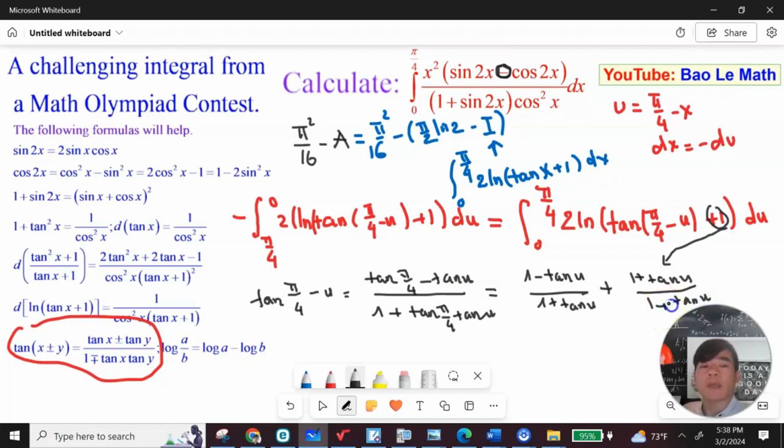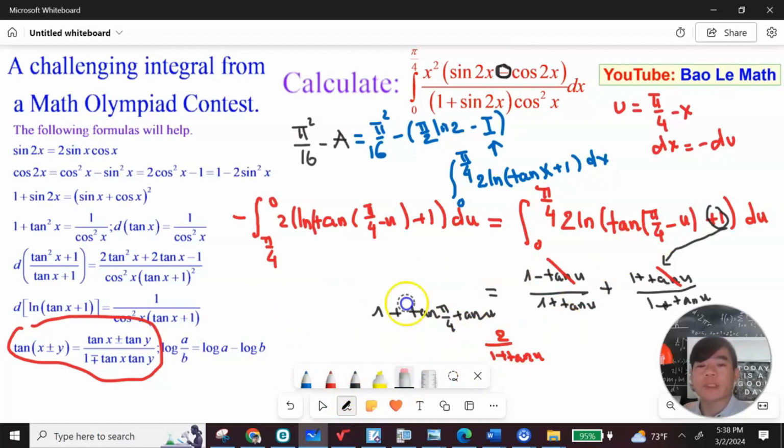Now they have the same denominator, so I just add the top. Negative tangent u and tangent u are gone, 1 plus 1 equals 2. So it could be 2 over 1 plus tangent u. I keep that, 2 over 1 plus tangent u, so I write this one.